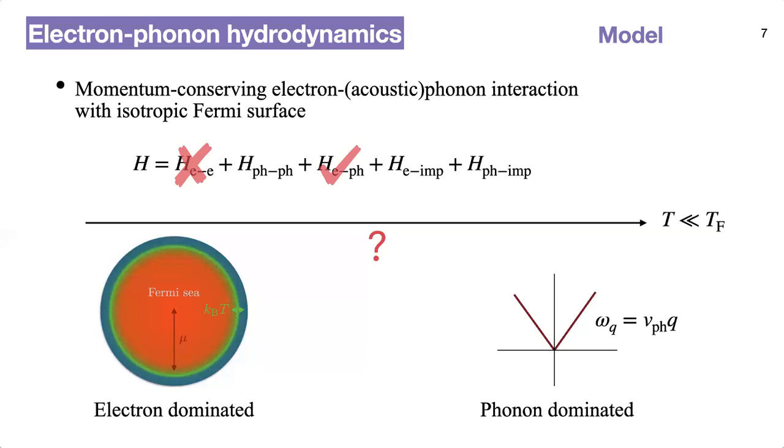Here you have electrons and phonons, and even though the electron-phonon interaction conserves momentum for the combined system, it does transfer momentum from electrons to phonons, and these two are typically very different. So if you want to consider the combined system as a single fluid, then in this hydrodynamic description you have to be able to say what exactly the flow velocity is carrying, what quantity.